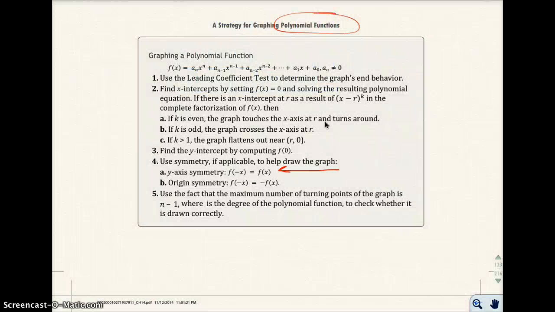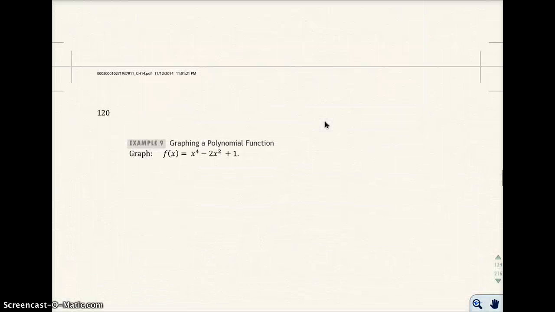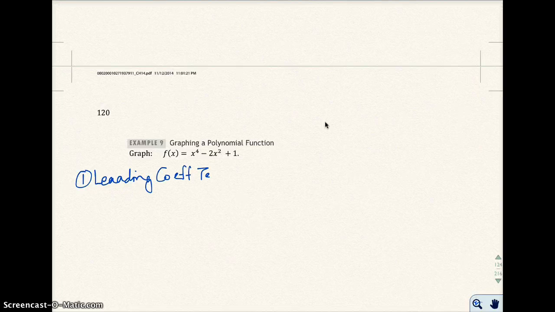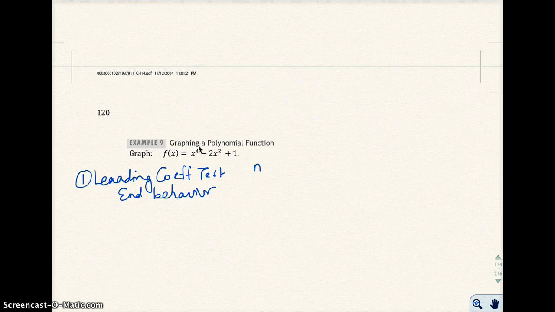The first step is to use the leading coefficient test to determine the end behavior. You don't have to write that every time, but step 1 is what we're doing. So we look at this and we see that it has an even power, so n is even, and the leading coefficient is positive.